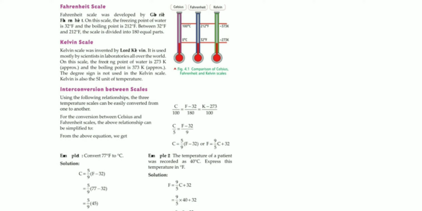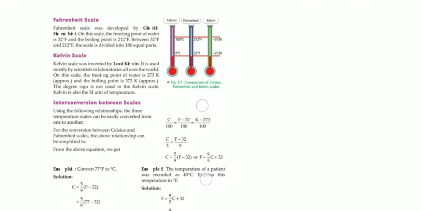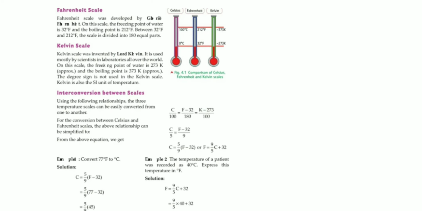Now these are the different scales. Children, in order to simplify it, we will divide 100 by 180. This will give us a proper fraction and we will be able to solve our problems easily. Now see children, here it is C by 5. Why 5? Because we have divided 100 by 180 is equal to F minus 32 by 9.